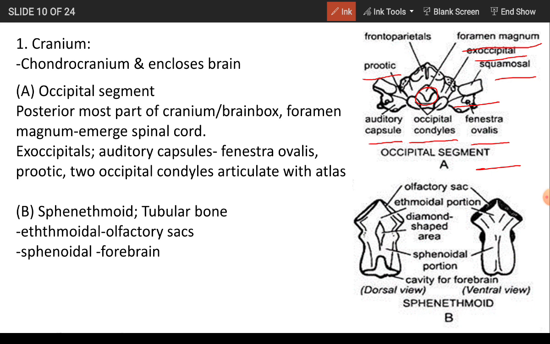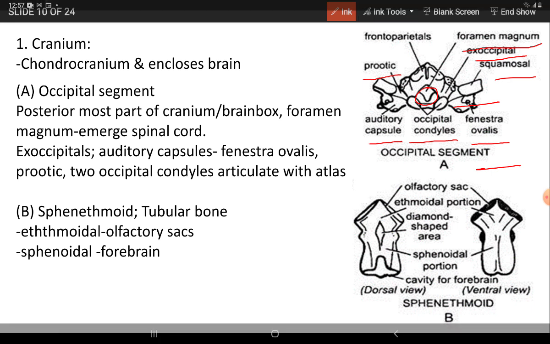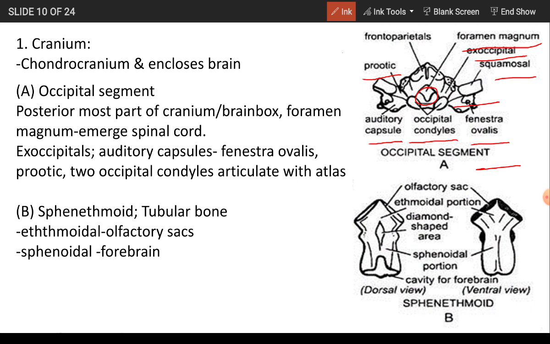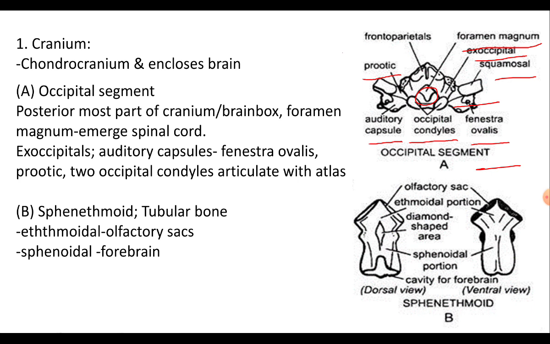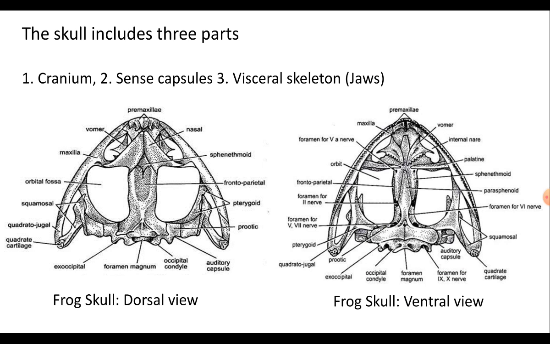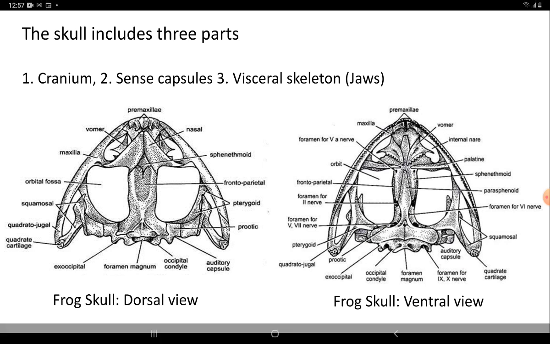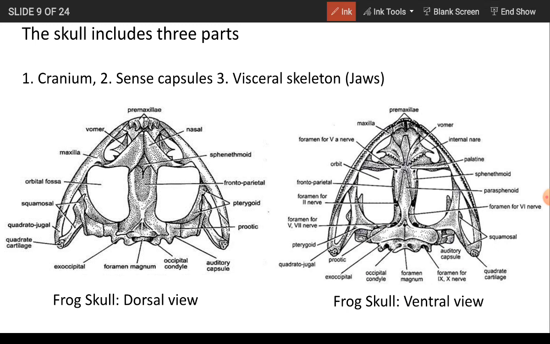Coming to the ethmoid bone. This could be observed in the skull. This is the ethmoid bone, which is actually present at the anterior end of the cranium.